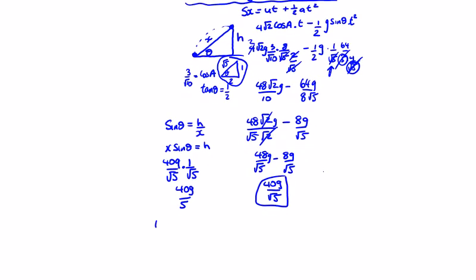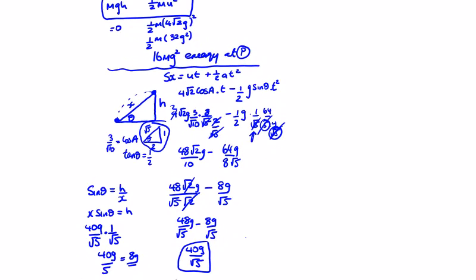So mgh, m times g by h, which is 40g over 5, which is just 8g. So mgh is 8mg squared, and we need to add a half mv squared. So that's a half times m times v squared.